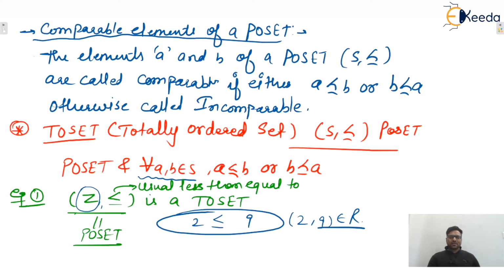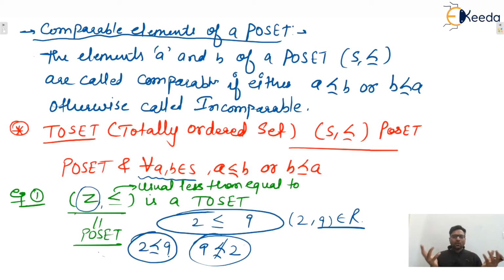So here either A is related to B or B is related to A. Here 2 is related with 9, but 9 is not related with 2, because 9 is not less than or equal to 2. Either 2 is related to 9 or 9 is related to 2, that is allowed.